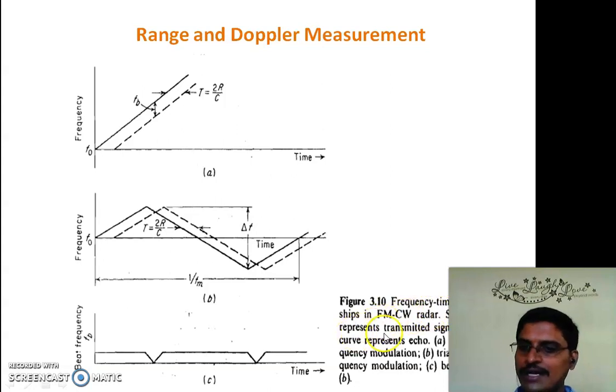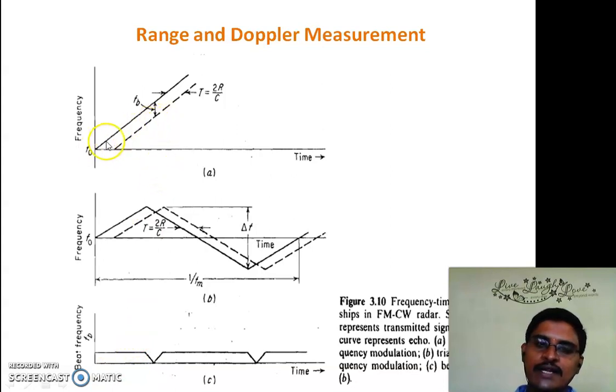The solid curve represents the transmitted signal and the dashed curve represents the echo signal. Figure A is linear frequency modulation. In figure B, the modulation is triangular modulation. And I will explain figure C next.